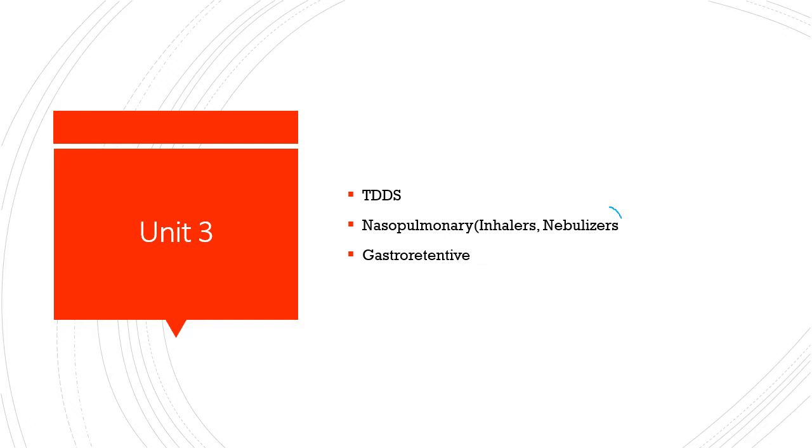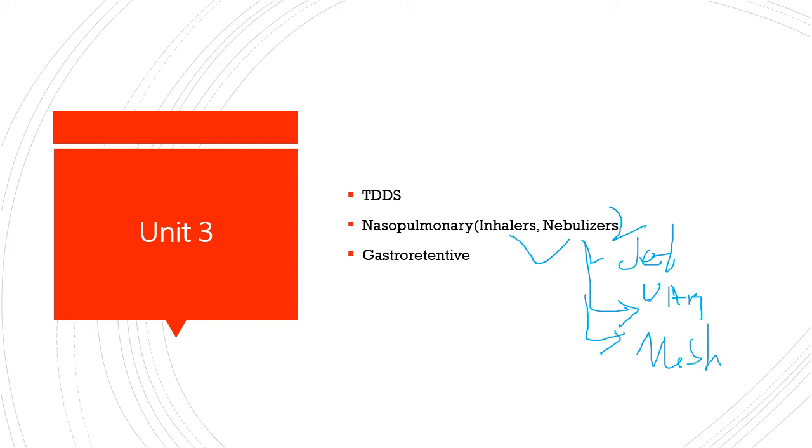Nasopulmonary drug delivery system. In this, you basically have inhalers and nebulizers. Nebulizers, where you have to study about at least a little bit about jet nebulizers, ultrasonic nebulizers, mesh nebulizers, and vibrational nebulizers. Jet, ultrasonic, mesh, and vibrational.